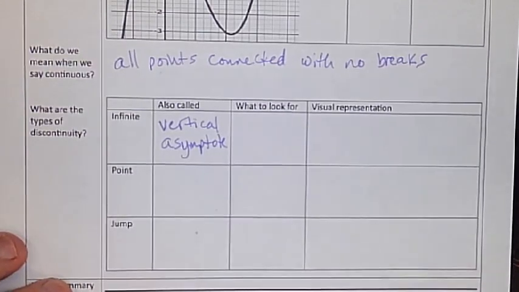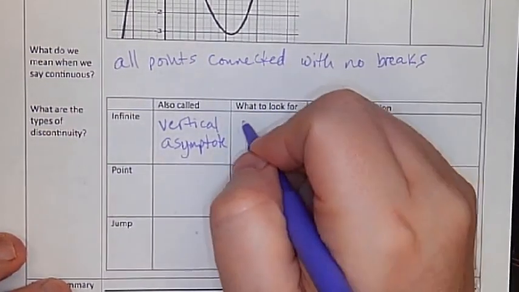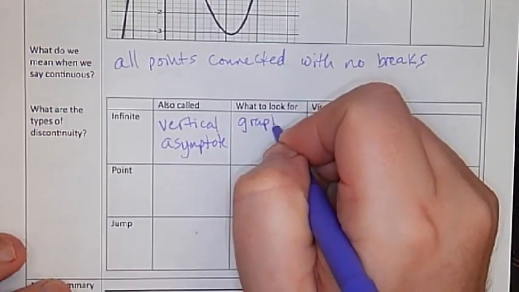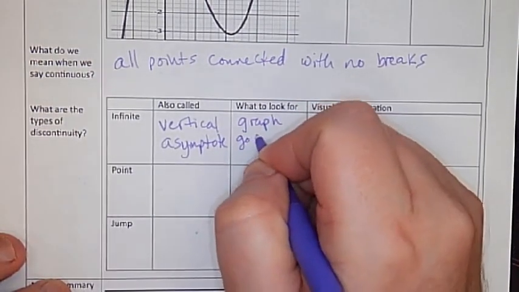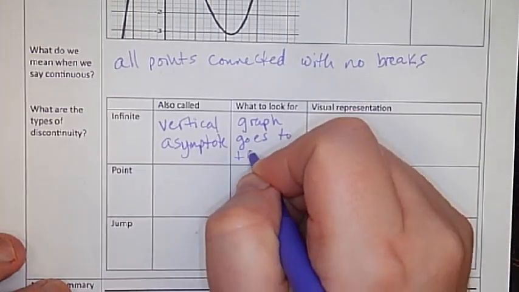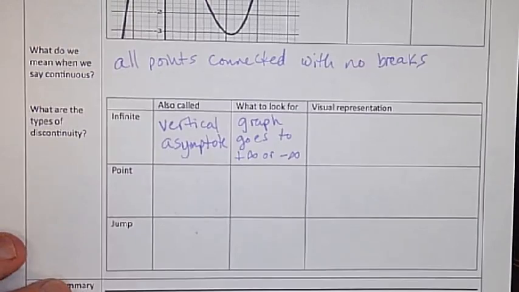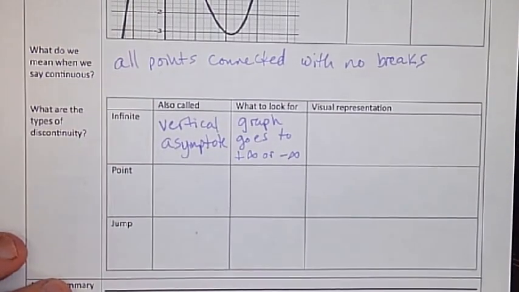I definitely wanted to put in that idea that we're not talking about the end of the function, because we talked about end behavior. We know that sometimes graphs go to positive or negative infinity, but that's not the same thing as a discontinuity. So we're talking about somewhere in the middle of the function.